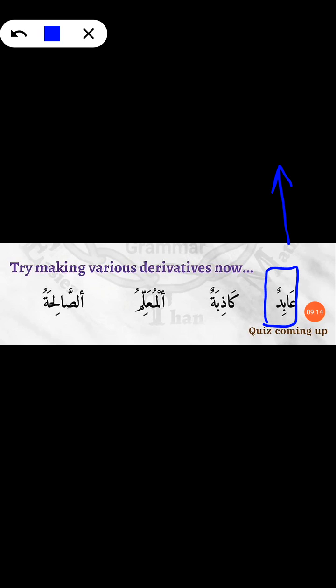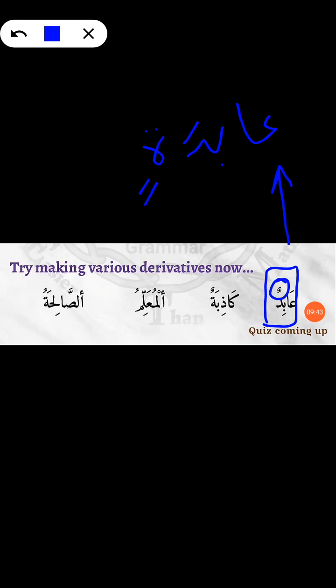You are going to replace this tanween with fatha, and then you are going to add ta marbuta, and if I want it in rafa, I'm going to add two dammas over here. If I want it in nasab form, I'm going to add two fathas, and if I want it in jar form, I'm going to add two kasras.